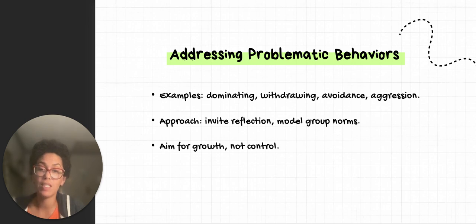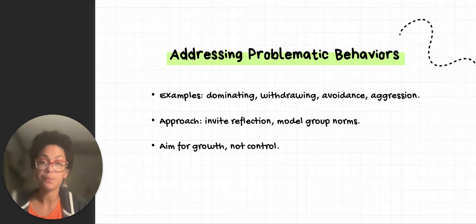And what this does is it creates an opportunity for self-awareness and a shift in behavior without making the member feel shame and judgment. Additionally, the leader can model appropriate behavior by encouraging other members to speak up more often and reinforcing the group norms of equal participation.